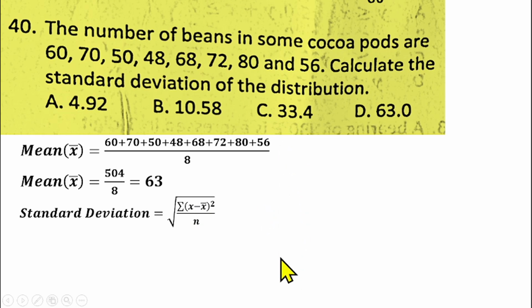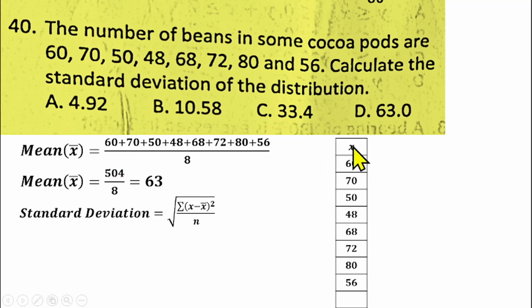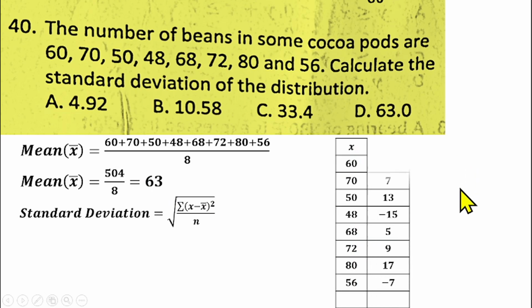You have your x in a column. Then compute x minus x bar, which is what we need in this formula.